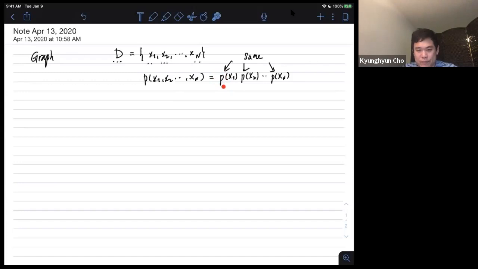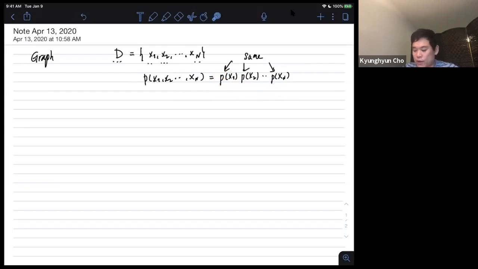So when I write P of x1 times P of x2 all the way to P of xn, all these P's may indicate different functions. They might return probability mass, they might return probability density. It's going to be based on what is being passed in.